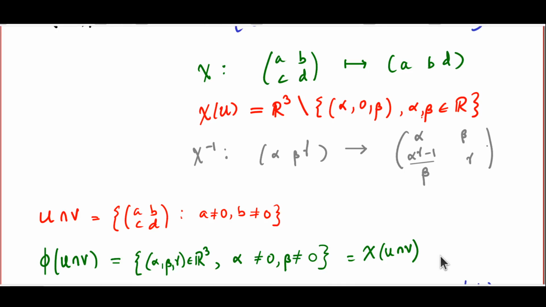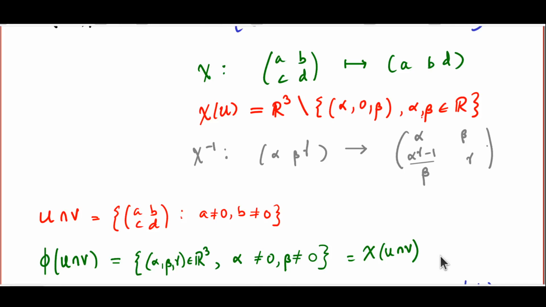Once again, it's simplicity itself, you can easily figure out that if you apply phi on U intersection V, you are going to get the numbers A, B and C, or the three numbers, if you call them alpha, beta and gamma. The condition will be that alpha and beta will not vanish. It's easy to see that exactly the same will be the case for chi of U intersection V.